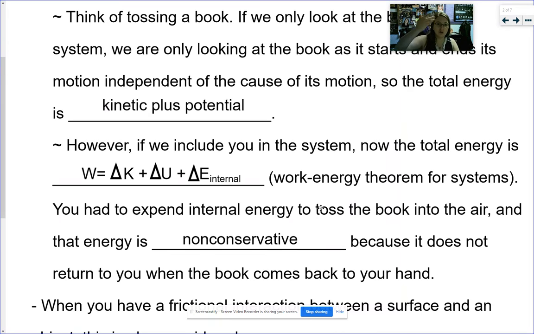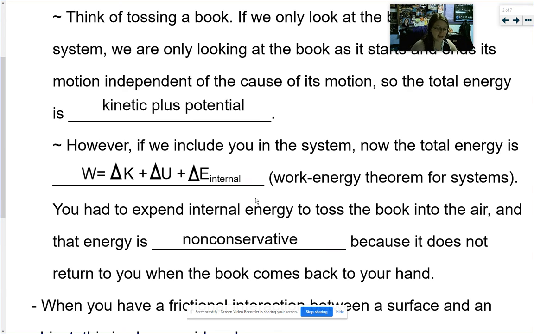So when we include you in the equation, you have to consider, well, in order to do that, I had to actually use some of my internal energy, and I am included in the equation now. So this would be the energy right here that I expended in order to get this book moving.